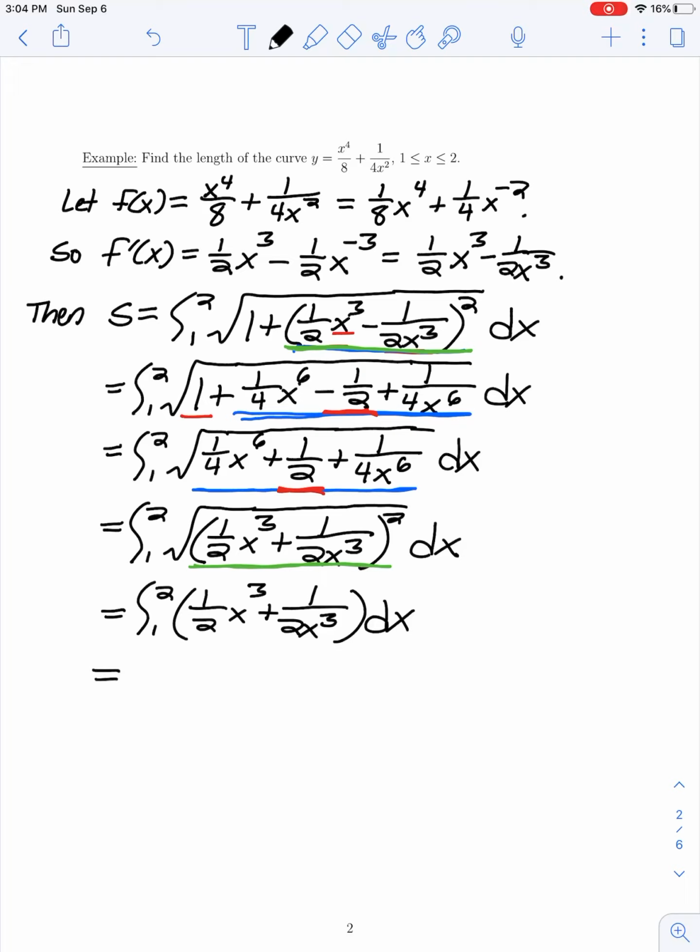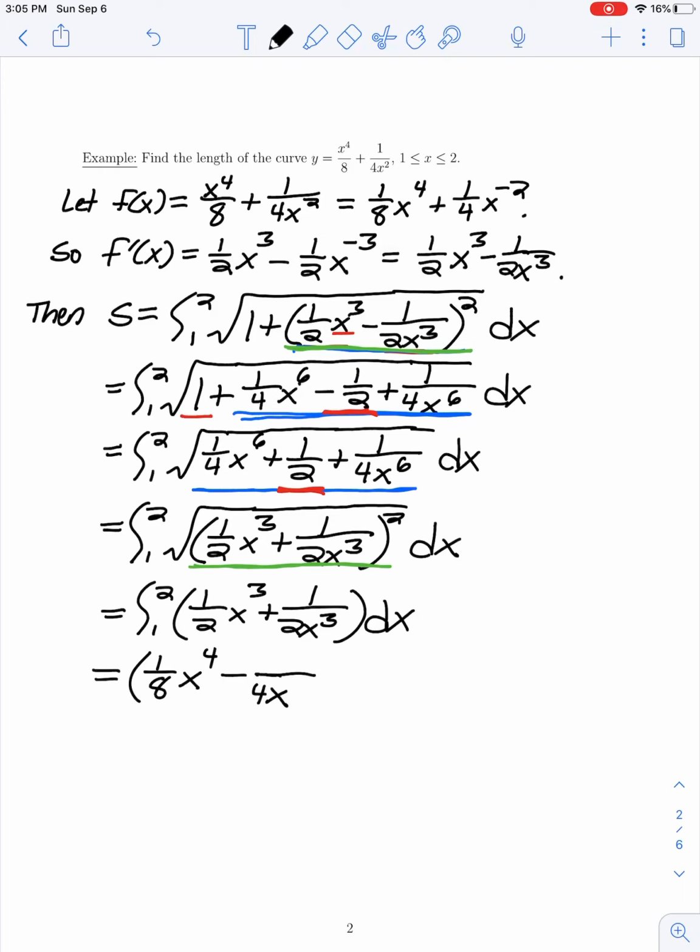So let's see what we're left with for our antiderivative. The antiderivative of 1/2 x cubed will be 1/8 x to the 4th power, and the antiderivative of 1 over 2x cubed, or 1/2 x to the negative 3rd, would give me a 1/2 x to the negative 2 divided by negative 2.